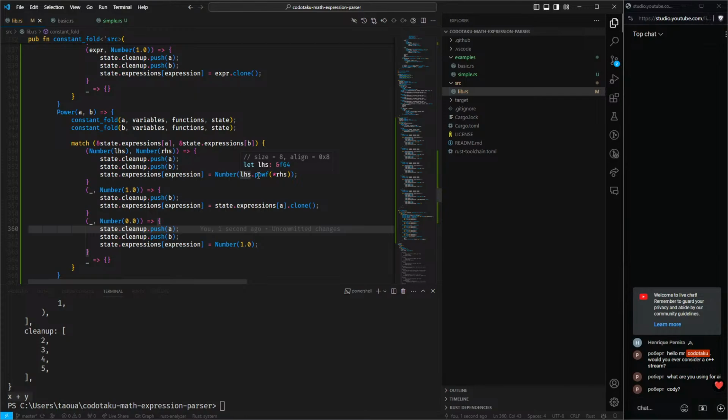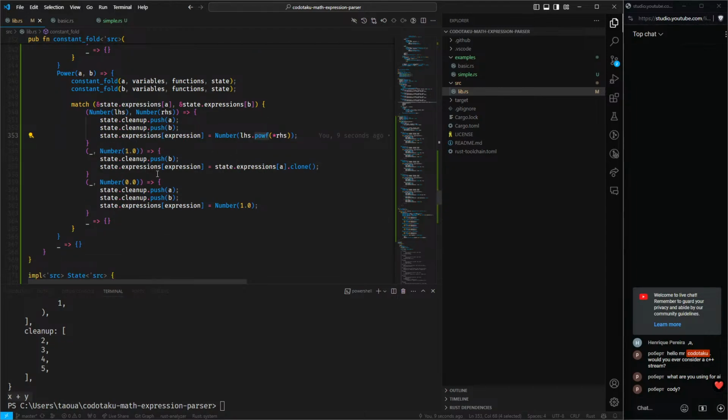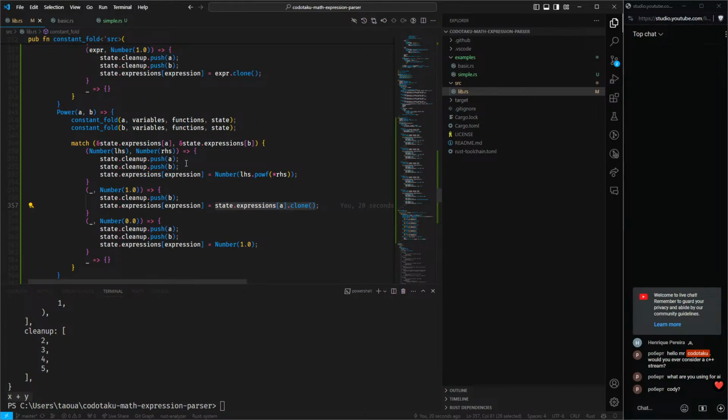So left hand side. If we have number and number, we just evaluate it. LHS, POWF, RHS. If we have power of number 1, then anything to the power of, like, what is it called? Exponents or power? I don't know. I guess power. To the power of, right? Yeah, I think so.